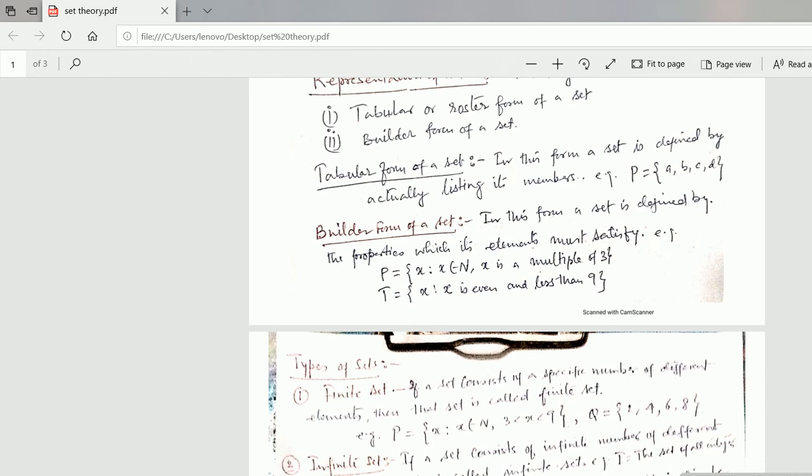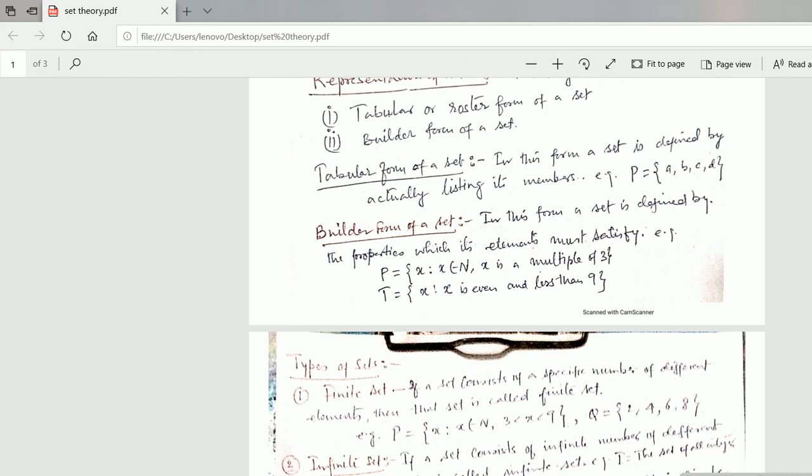Now the second one is the builder form of a set. In this form, a set is defined by the properties which its elements must satisfy. For example, P = {x such that x belongs to N, x is a multiple of 3}.